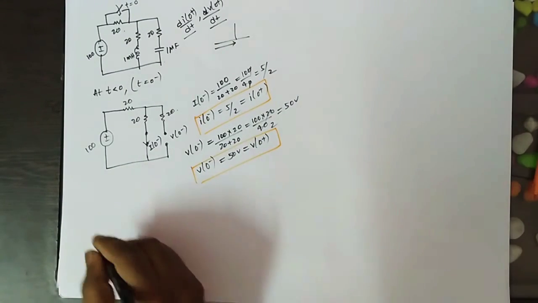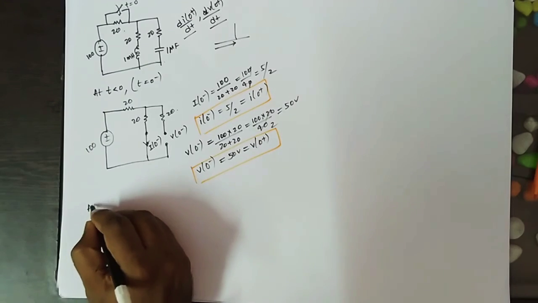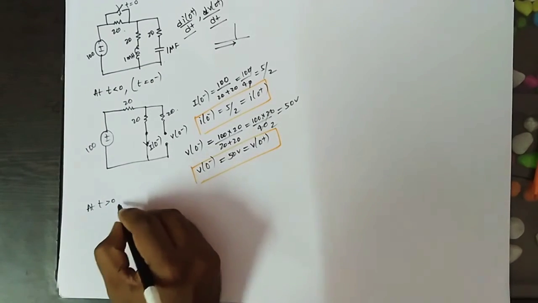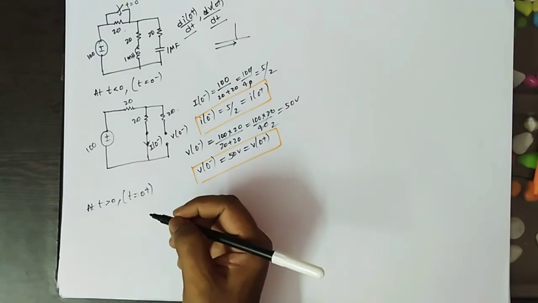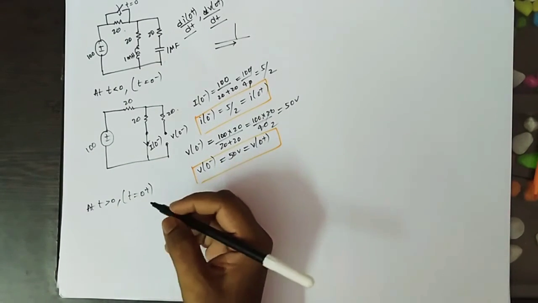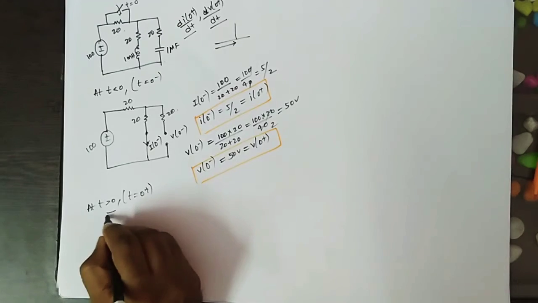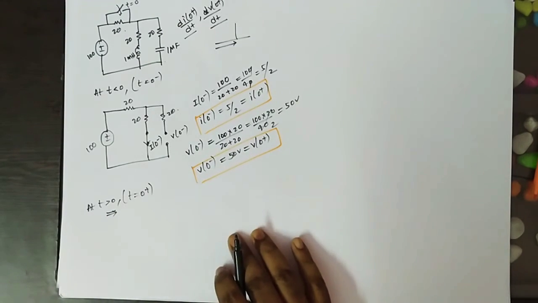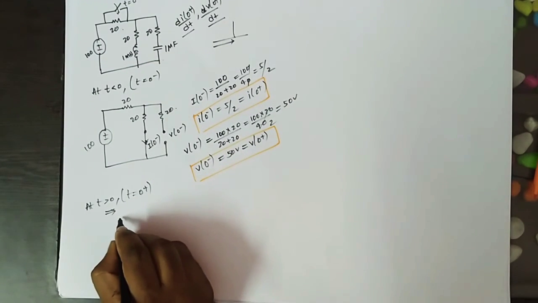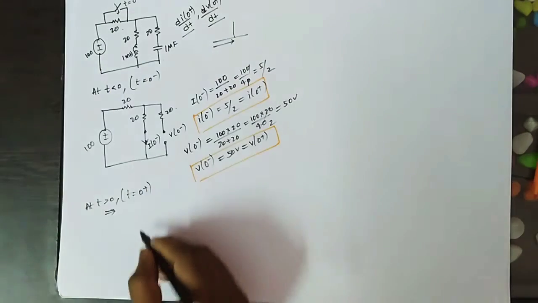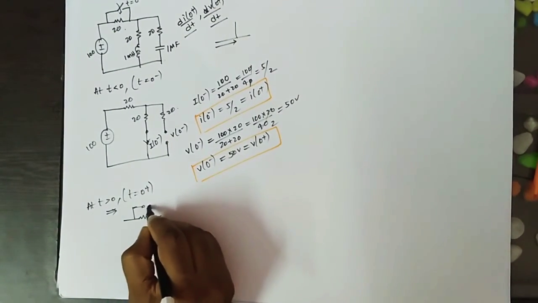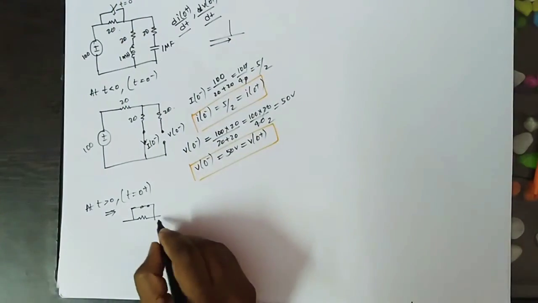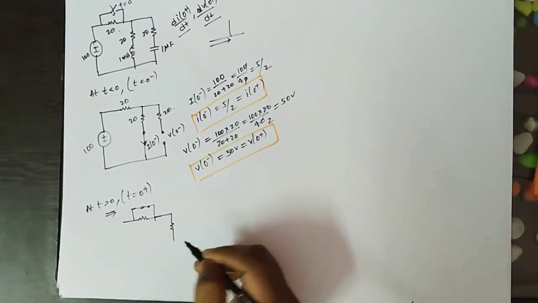Now your job is to find the main thing, at t greater than 0, that is at t equal to 0 plus condition, the equivalent circuit of inductor and capacitor you need to replace at this position. This is the main thing you need to know. So at t equal to 0 plus, that means the switch is operated, the switch is on, as it is you give the resistance.